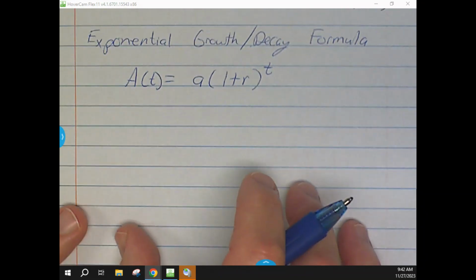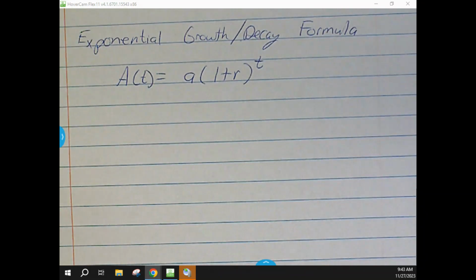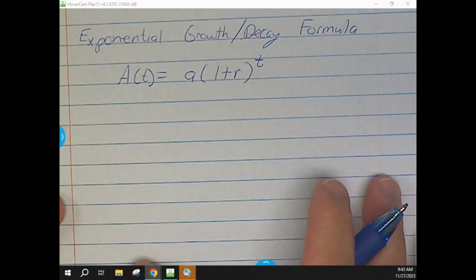And then once you get this one, you can tweak it, change it, adjust it a little bit, because depending on what you do, everyone's got a little different one. But as far as just a basic growth or decay formula, this is as basic as it gets. Again, you can tweak and adjust it for different specific models, but this is just the basic idea of what we're looking at.